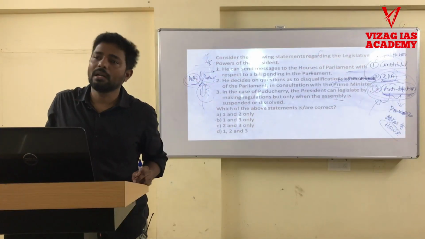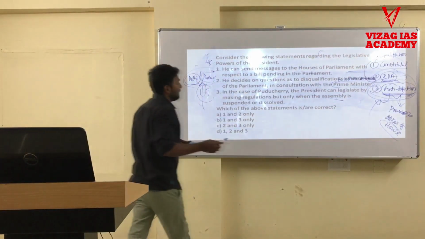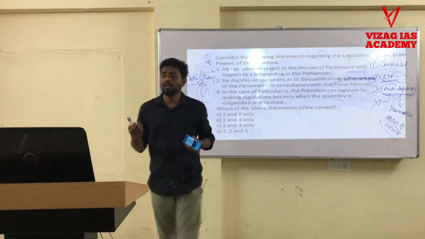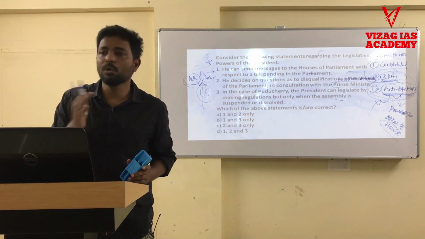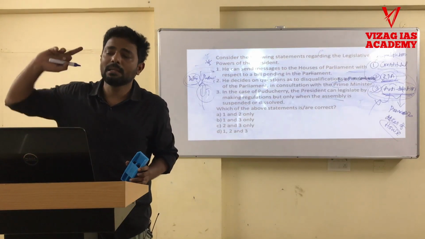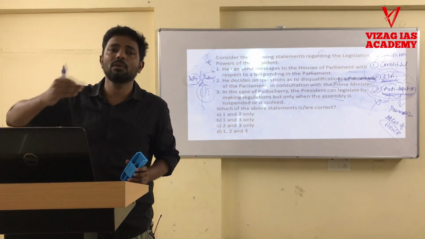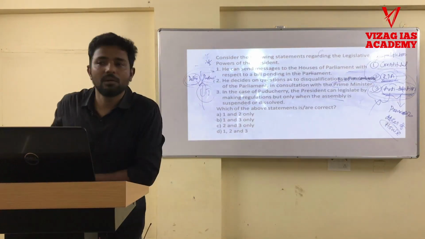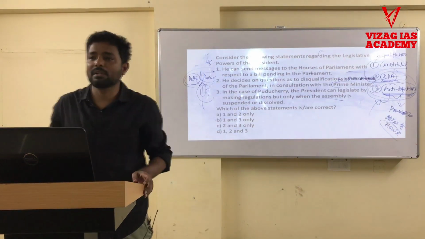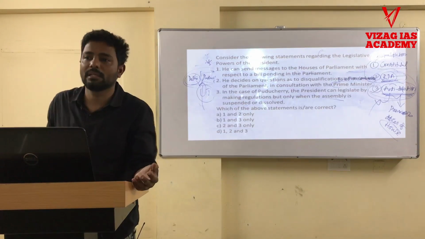Now, the president will issue ordinances when the houses are not in session, right? When both houses of parliament are not in session, the president will issue ordinances. No, that is anti-democratic, that is against democracy.